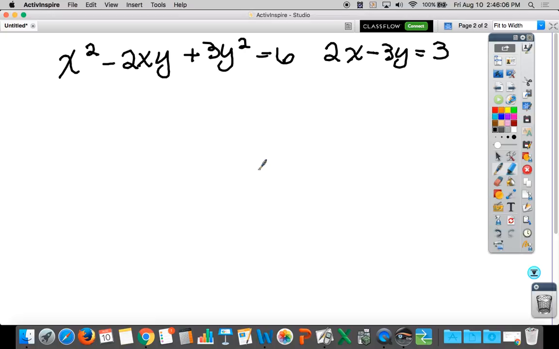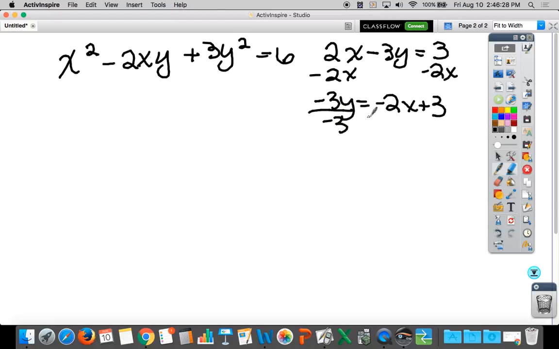So how am I going to solve for y over here? What am I going to do? Subtract the 2x. So that gives me negative 3y equals negative 2x plus 3. Now what? Divide by negative 3.